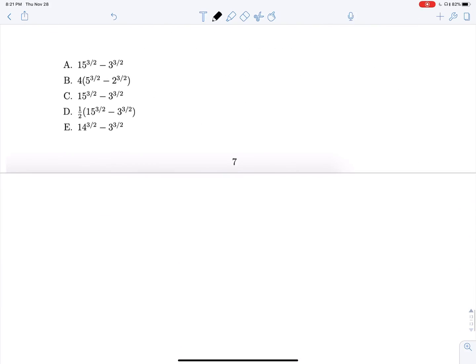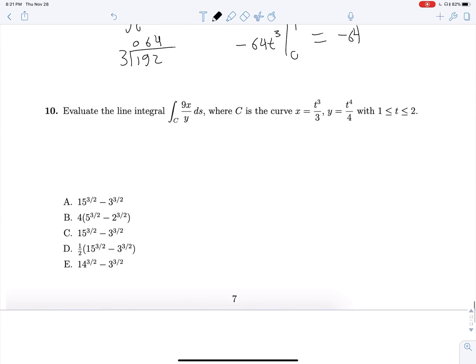Okay, last question. Let's evaluate this line integral. It's in the form of ds, so we're going to have to find our dx and dy. This will be t squared, whoops, t squared, and this will be t cubed. And so the magnitude of these two is going to be t to the fourth plus t to the sixth.